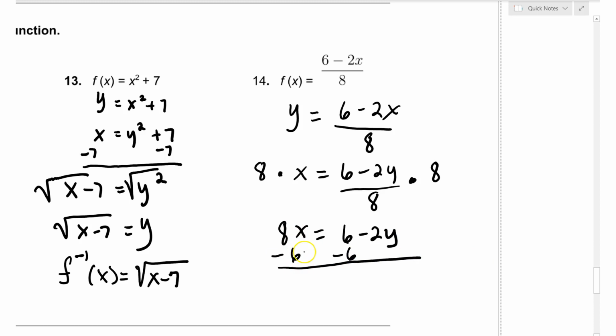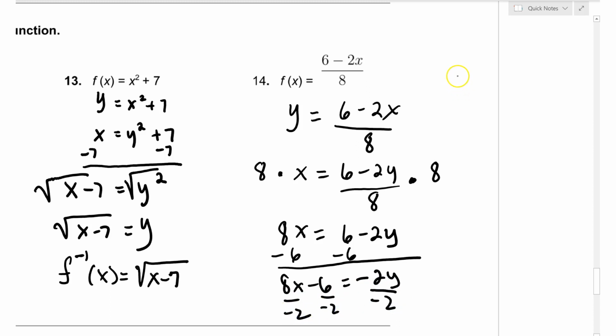You can't subtract these two. So you have 8x minus 6 equals negative 2y. Then divide by negative 2. So your equation will be negative 4x plus 3 equals y. And the answer is the inverse of f of x equals negative 4x plus 3.